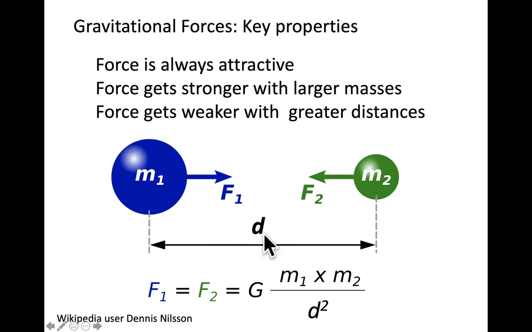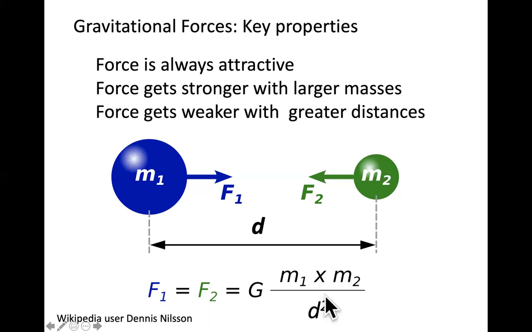The other thing it depends on is the separation between these two objects, which is indicated here by the letter D. And it turns out as you pull the objects apart, the force gets weaker, but it does so in a very specific way. If you take two objects that are originally separated by, say, a meter and pull them apart so they're now 2 meters apart, the force doesn't go down by a factor of 2, it goes down by a factor of 4, or 2 times 2.